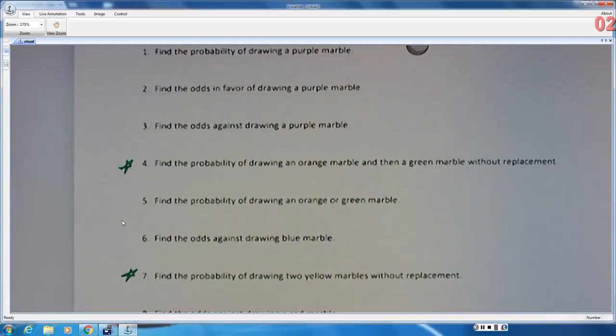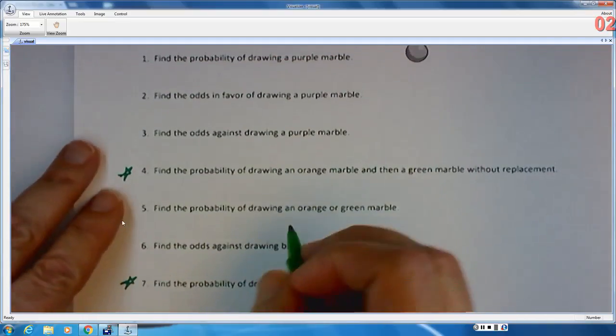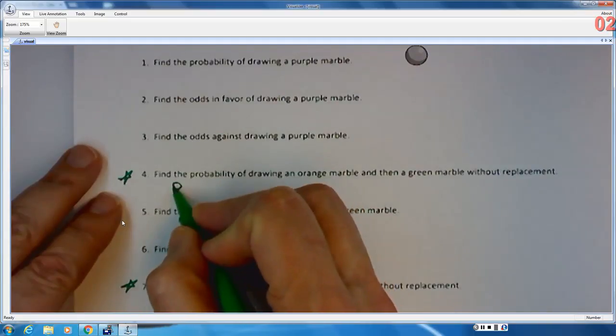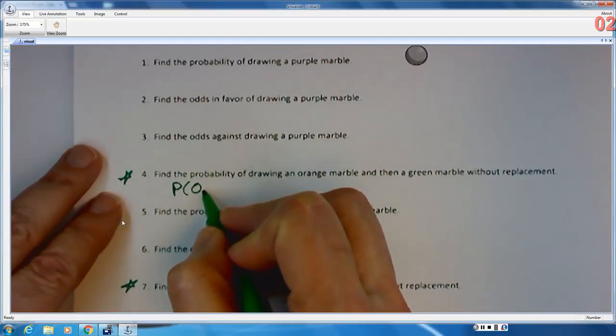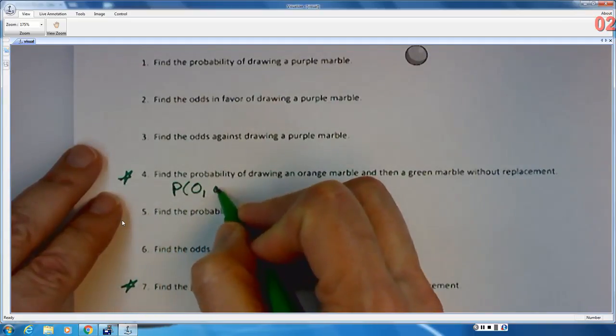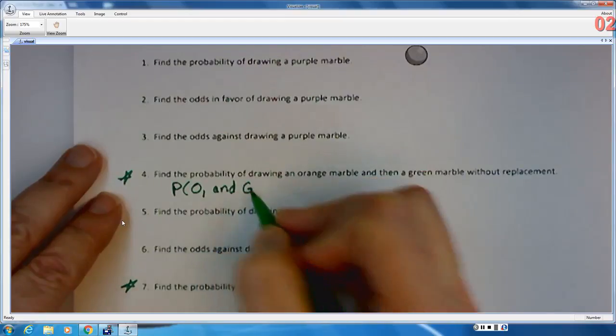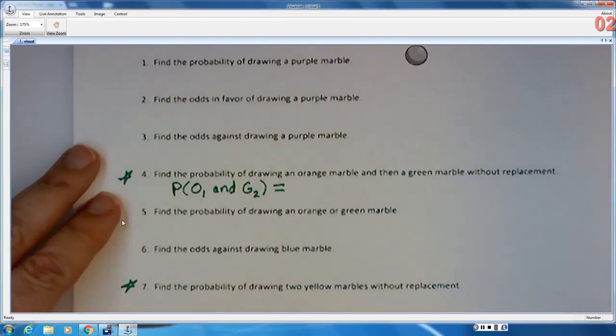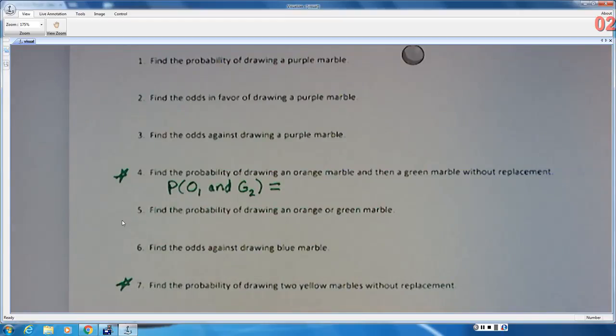Probability of drawing an orange marble and then a green marble, we haven't covered it yet. So I'm going to let O be orange marble. This is probability of drawing an orange marble on the first pick and drawing a green marble on the second pick. This is how you do that bead activity 2 worksheet. It says without replacement.